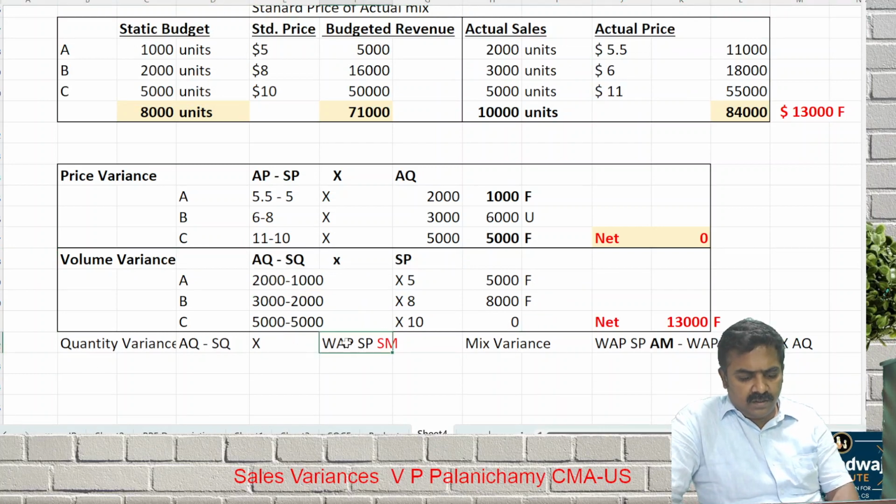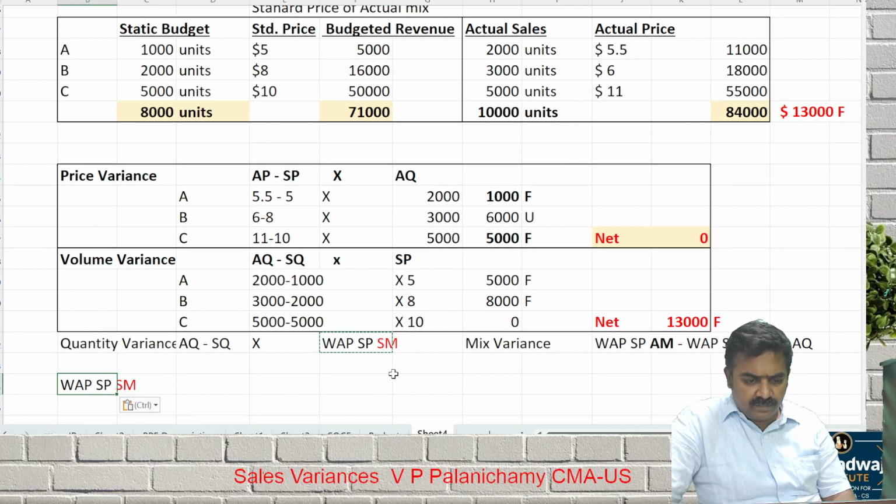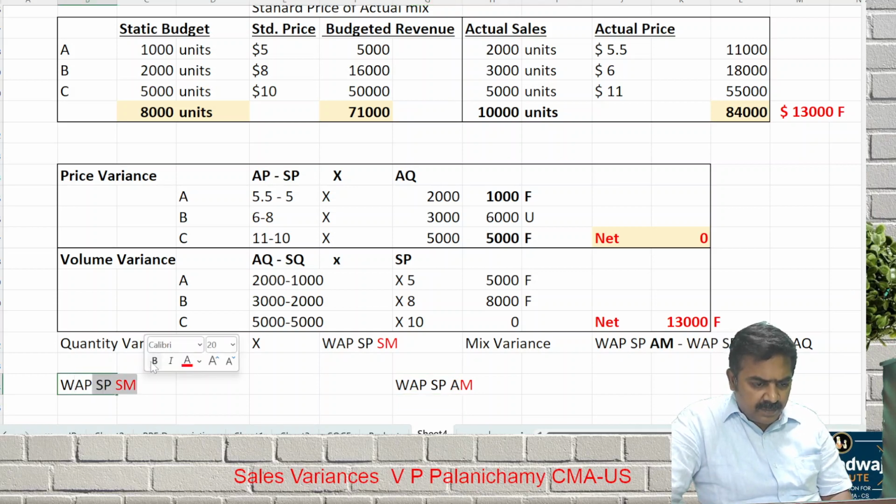So we want this one and weighted average standard price of standard mix.